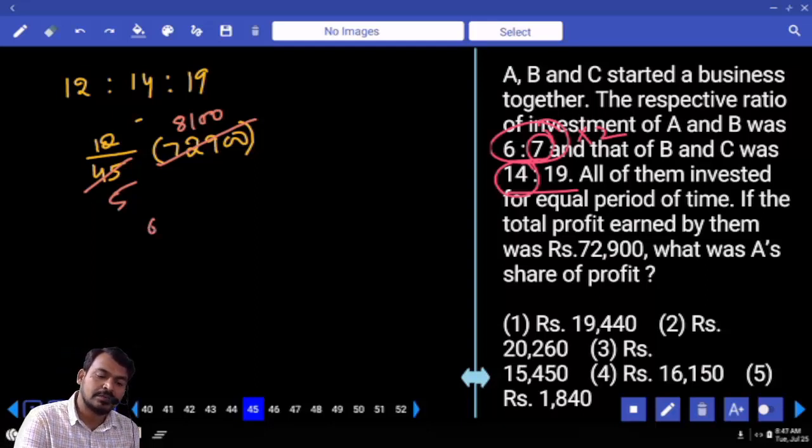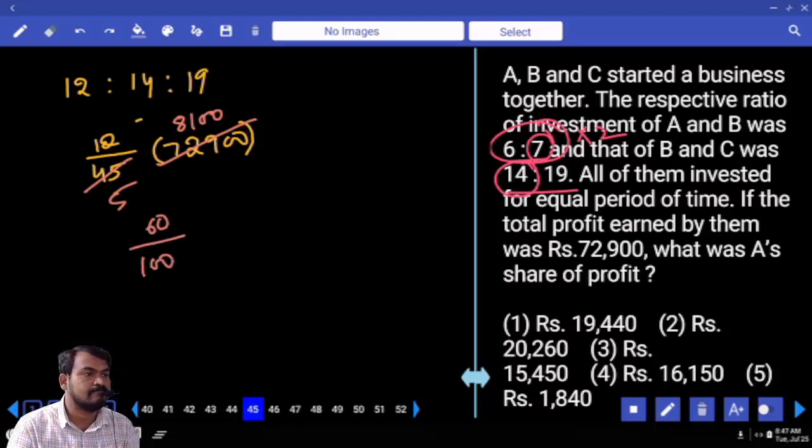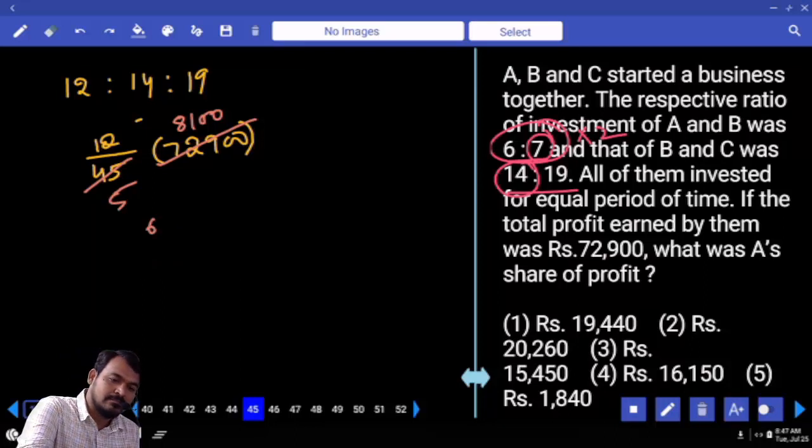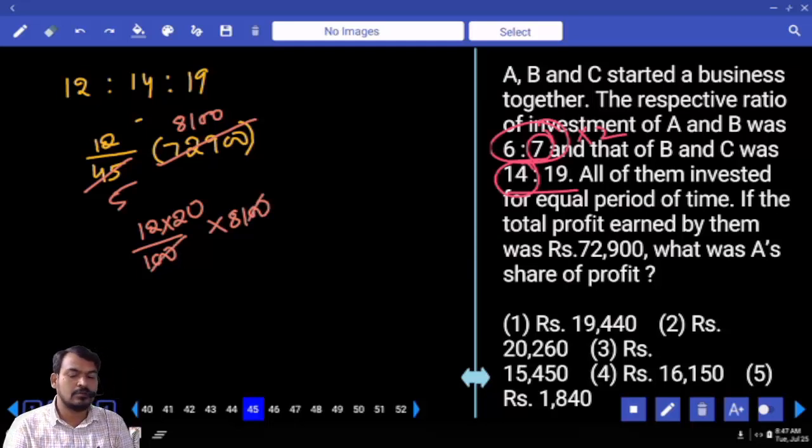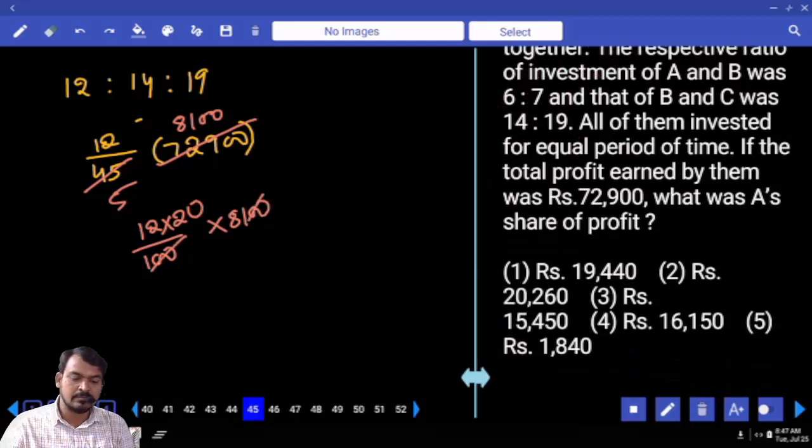This one we write 60 by 100. 12 by 100 into 20 into how much value? 8,100. 2 zeros are cancelled. 12 into 20 into 81. Ends with 40.